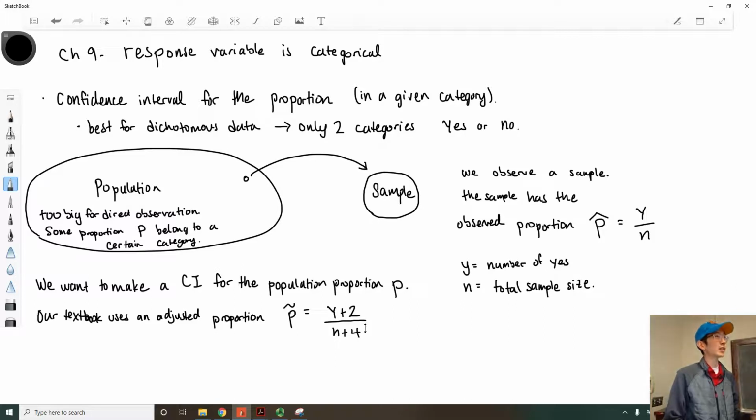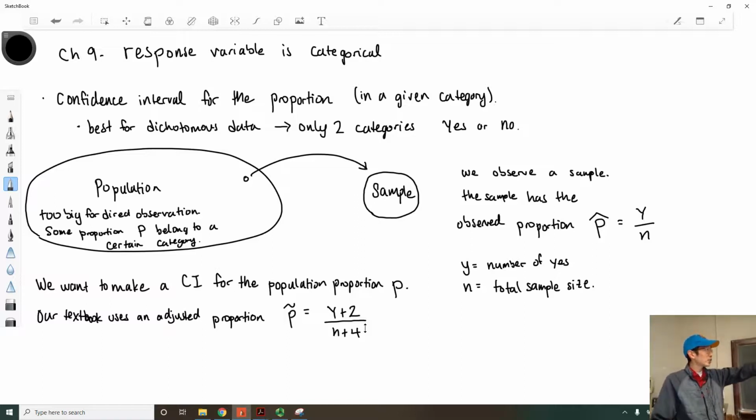So if you're on a mission to search for something that's extremely rare, you might survey 100 people and nobody answers yes, everybody answers no, okay? And in that case, your p hat is going to be 0. And if your p hat is 0, then you can't make a confidence interval because it just doesn't work.